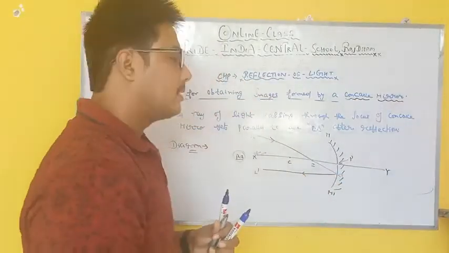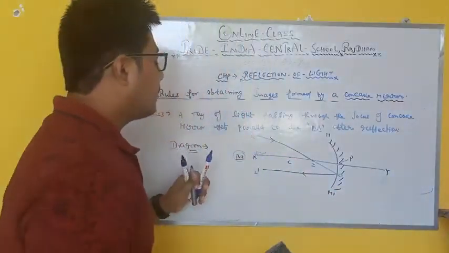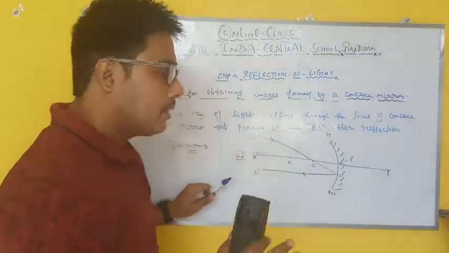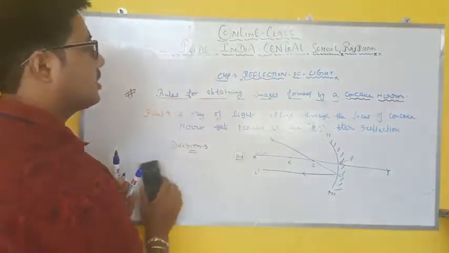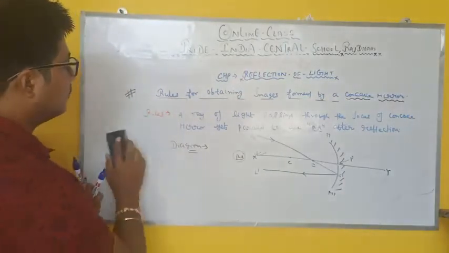So this is rule number 3. I think up to here it might be very simple and straightforward to you. So now we'll move on to rule number 4, which is the last rule.